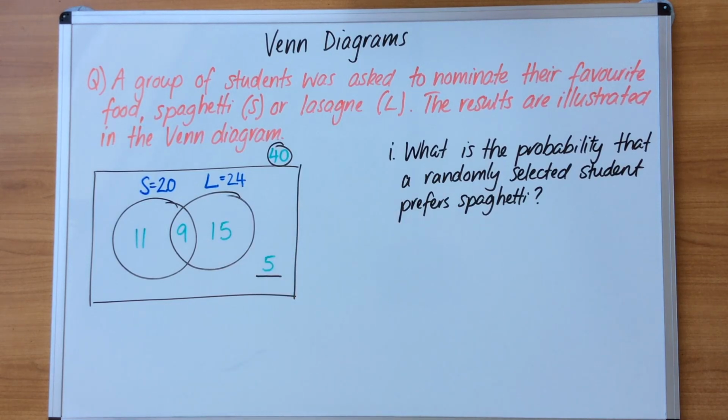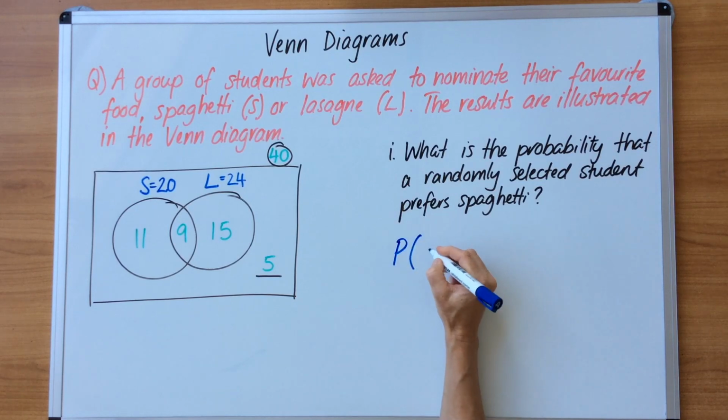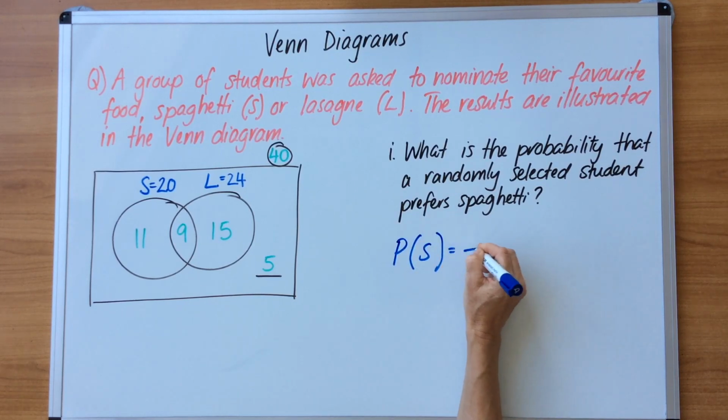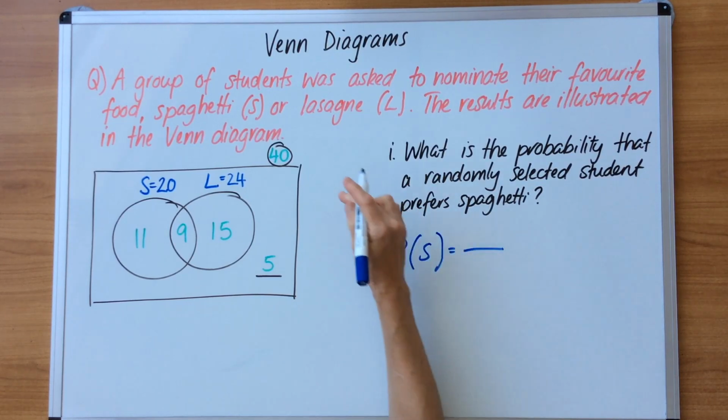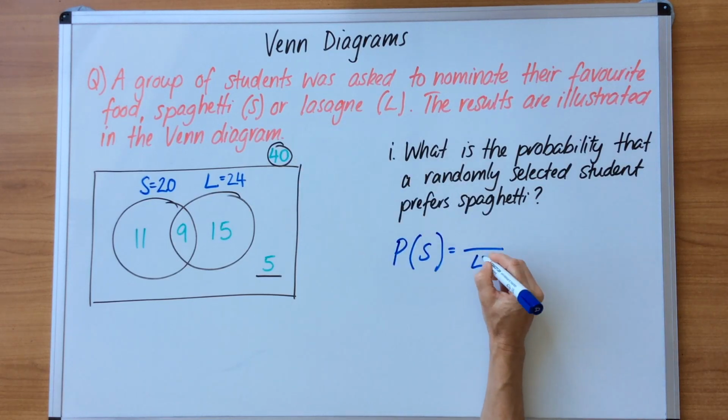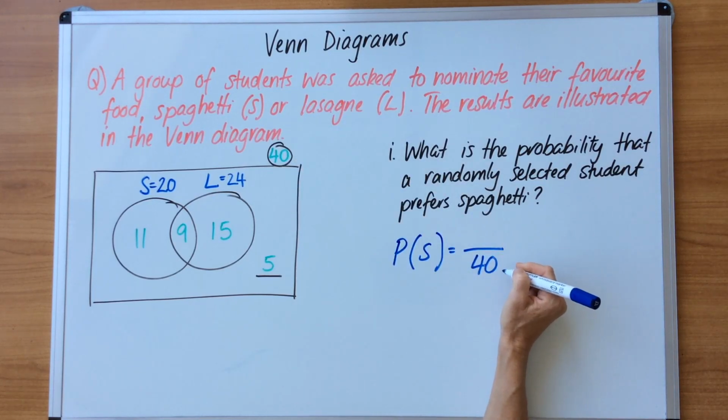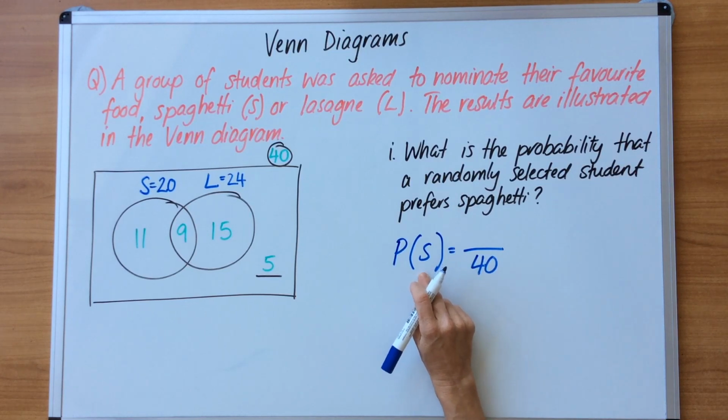The question is, what is the probability that a randomly selected student prefers spaghetti? So we go P(S) equals fraction line. We know the whole population is 40. That means that goes down the bottom here as the denominator. Now what we have to do is have a look at how many students like spaghetti.